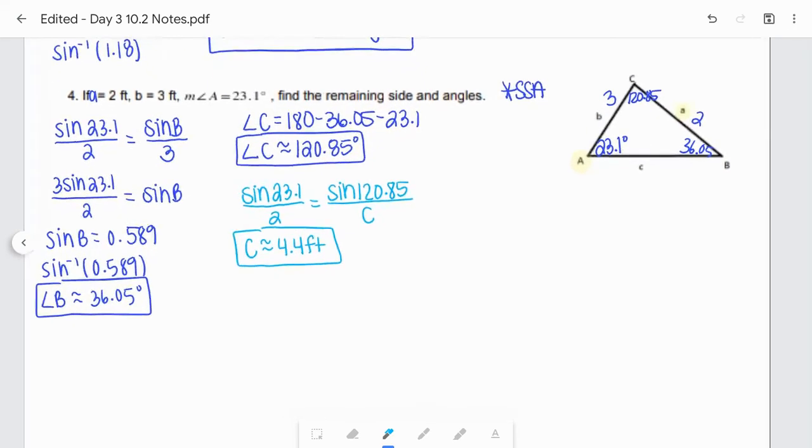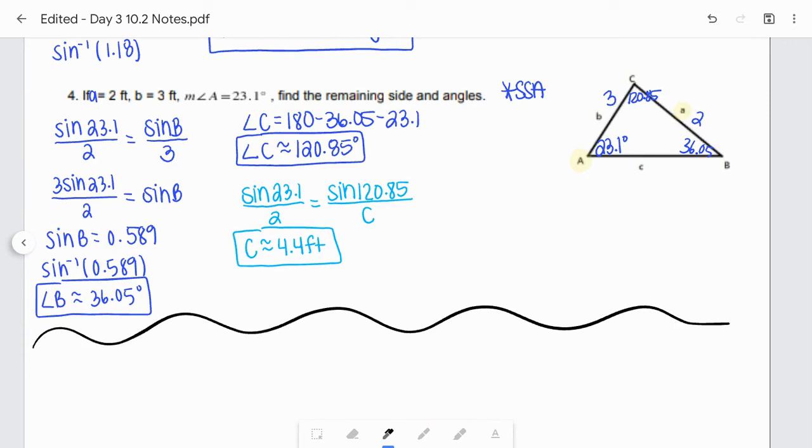Okay, but once again, we do have the ambiguous case. So let's find triangle number 2, or let's see if there is a second triangle. So we have that angle B. So again, sine is positive in quadrants 1 and 2.